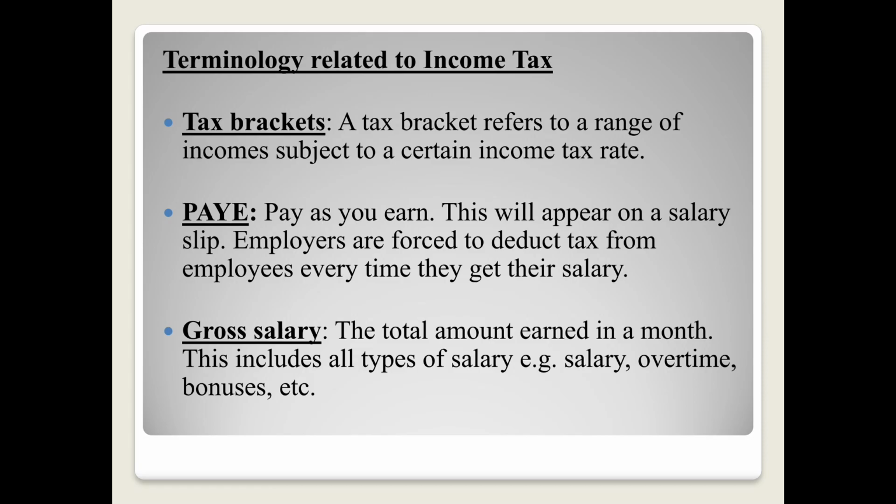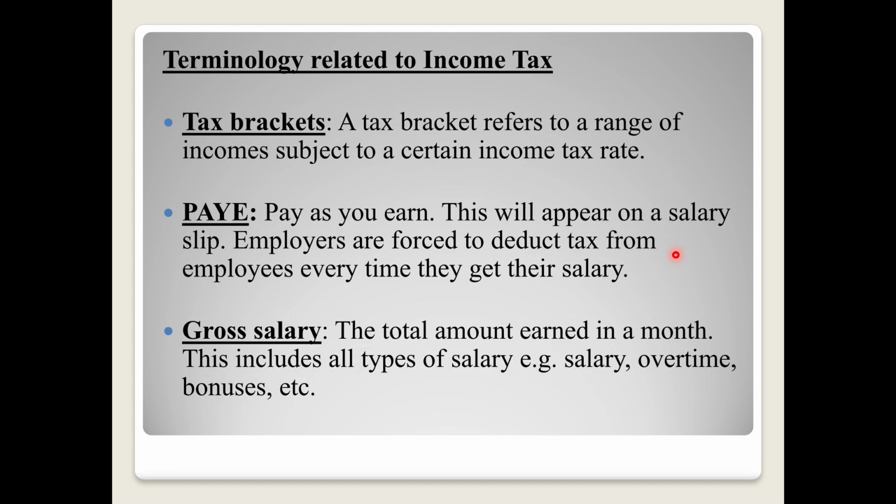So then we have lots of terminology related to income tax. So let's talk about tax brackets. Tax brackets refer to a range of income subject to a certain income rate. Then pay as you earn. Remember, on the payslip there was a pay as you earn.